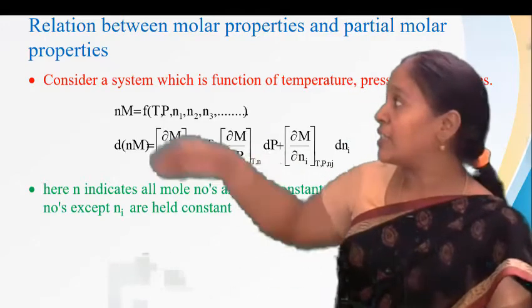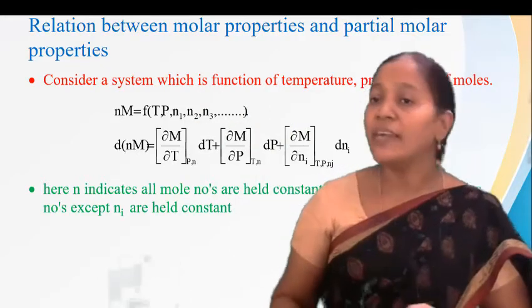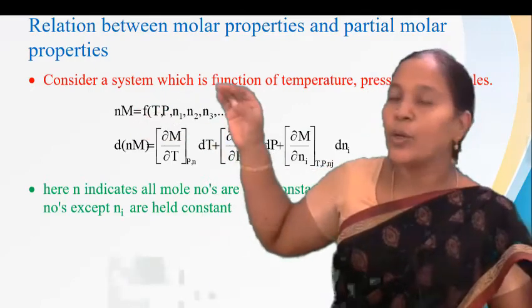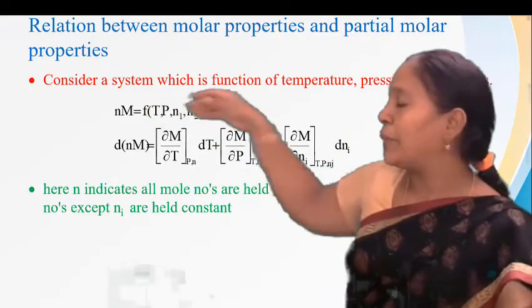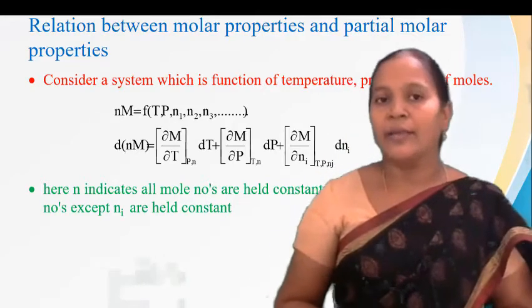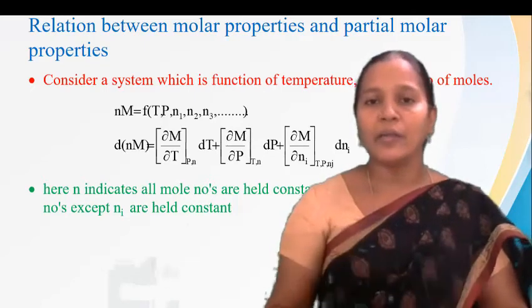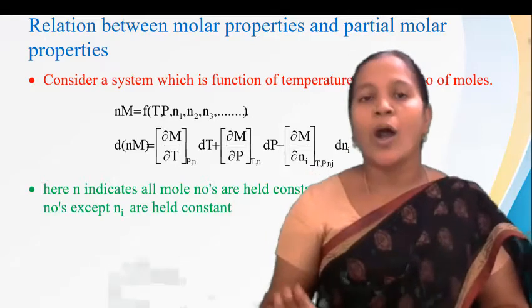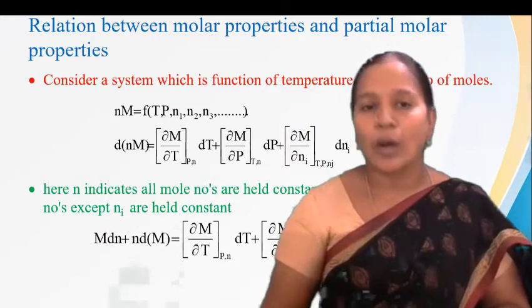Taking the differential on both sides, d of Nm is equal to dou m by dou t into dt plus dou m by dou p into dp plus dou m by dou n into dni. Here, n indicates all mole numbers are held constant. Similarly, nj indicates that all mole numbers except ni are held constant.